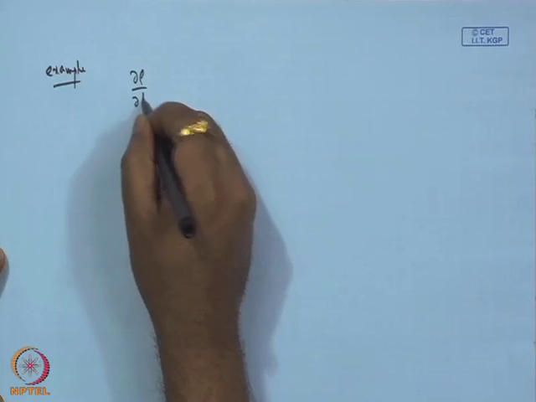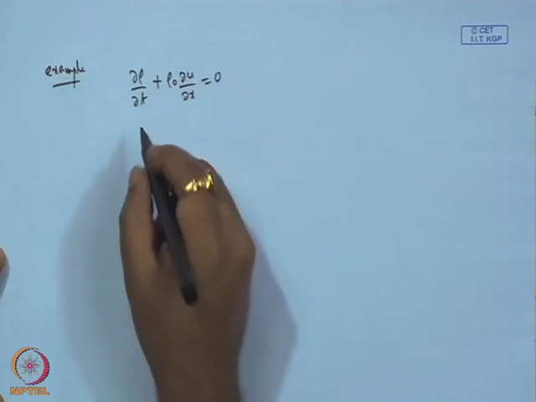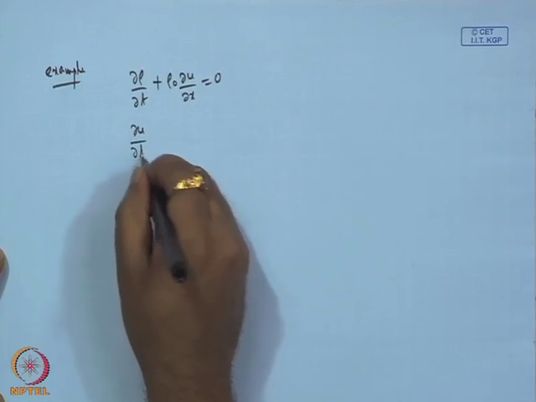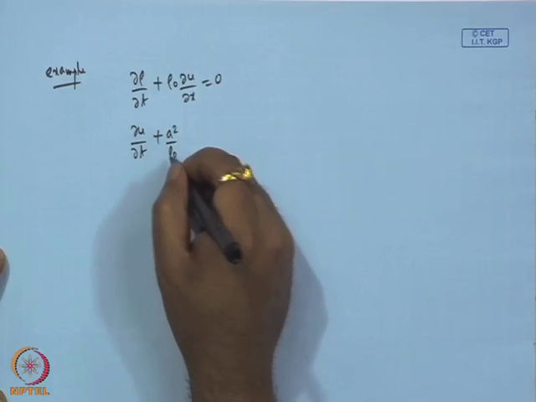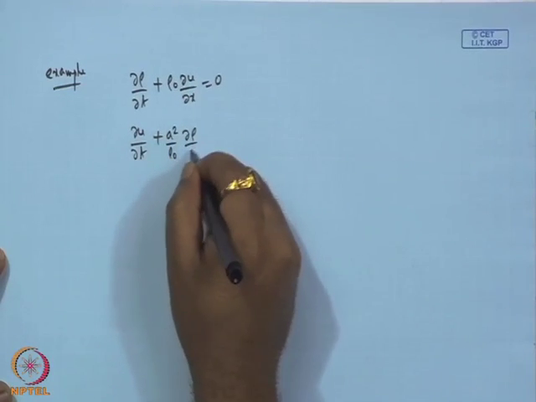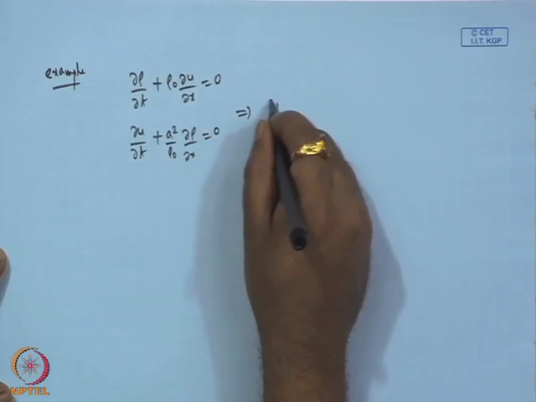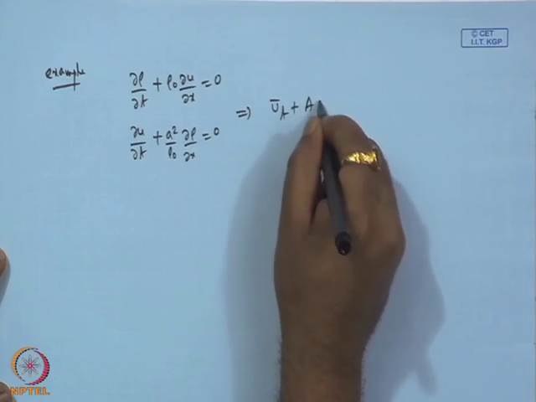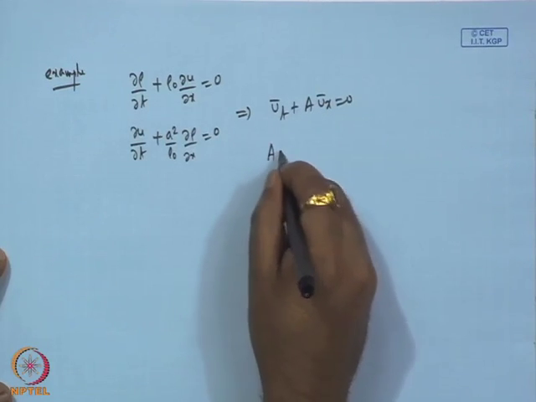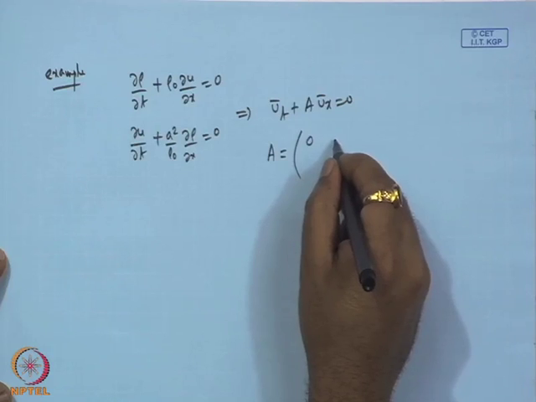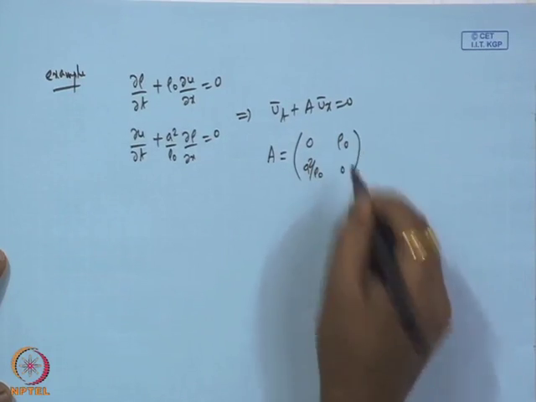Okay. Now, let us consider an example. Suppose a system is given by this, and it must be coupled, rho naught is constant, a is constant. Okay. So, then this can be written as u t plus A u x equals 0, where A is given by 0, rho naught, a square by rho naught.